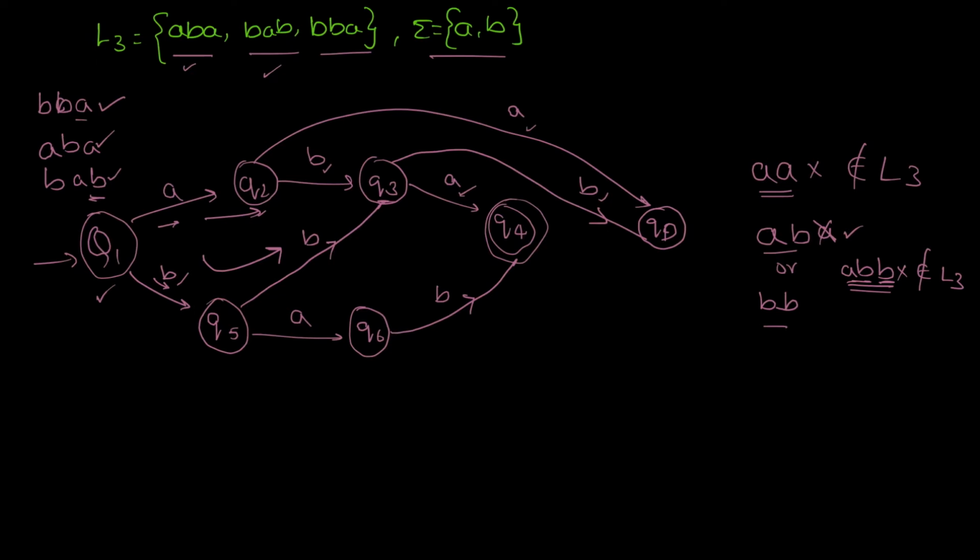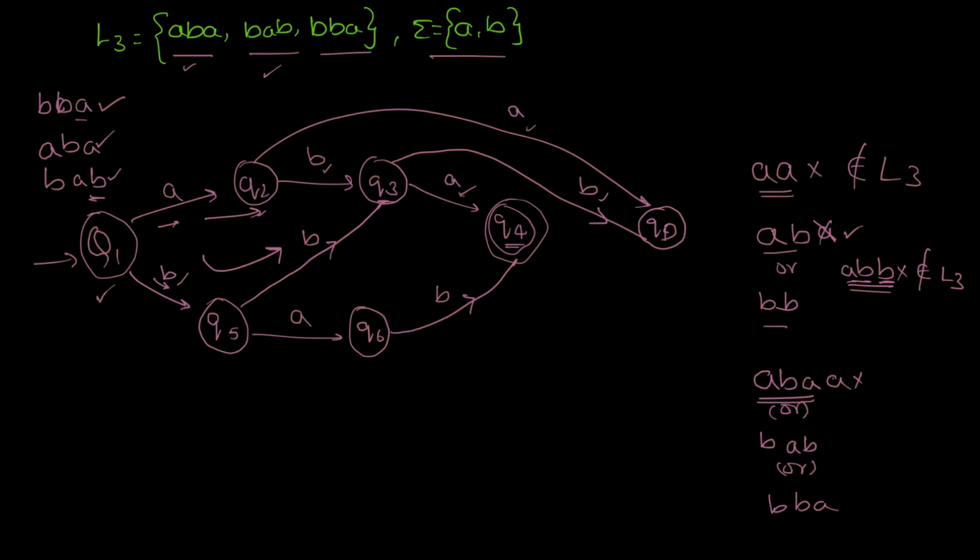Now come to Q4. We see that Q4 doesn't have a transition over A and B. How did we reach Q4? By seeing ABA or BAB or BBA. So after ABA, if we see an A, we need to reject this string.